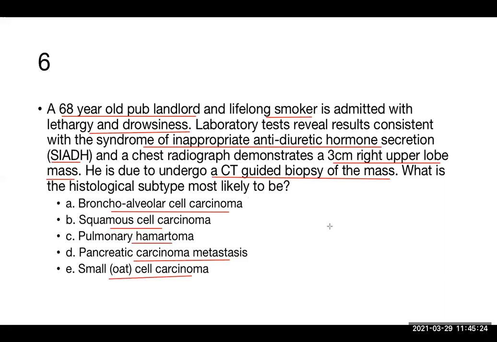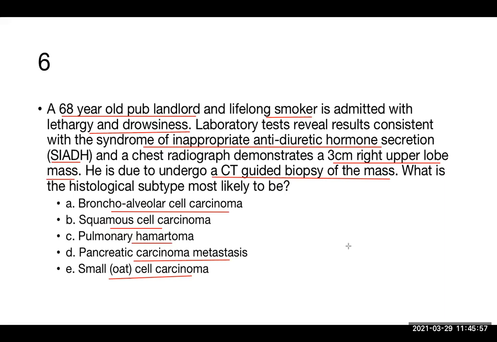Anybody? Small cell carcinoma. Why? Because here they mentioned the syndrome of inappropriate ADH secretion. It mainly occurs in paraneoplastic syndromes, and small cell carcinoma is actively secreting some of the substances.